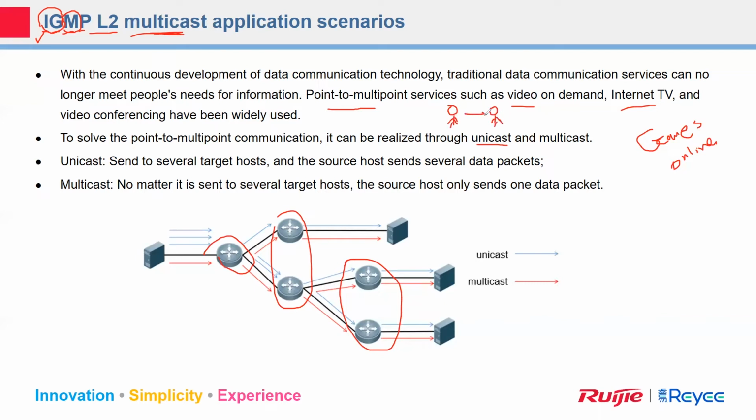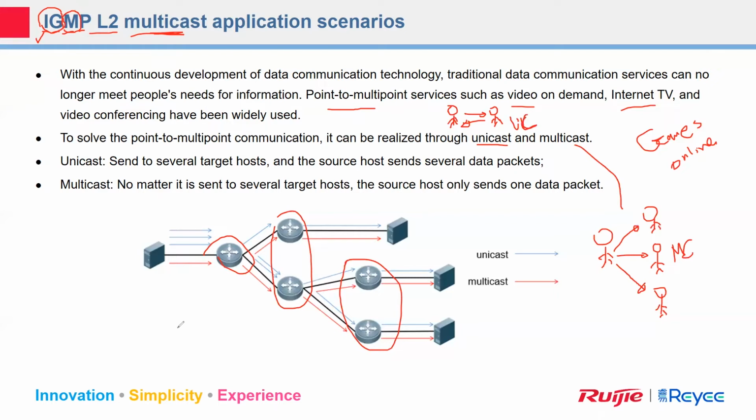But for multicast, someone is talking to selected people, and those people are receiving that signal all at once. So this is multicast and this is unicast.